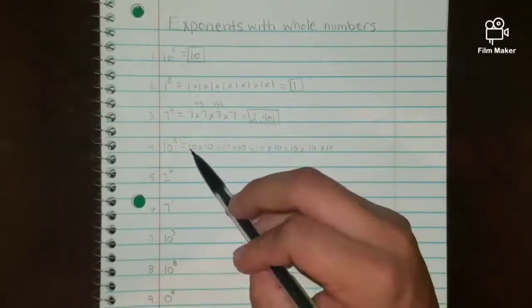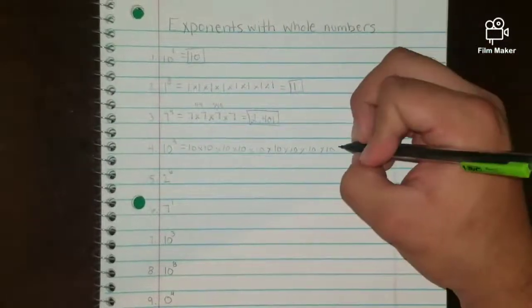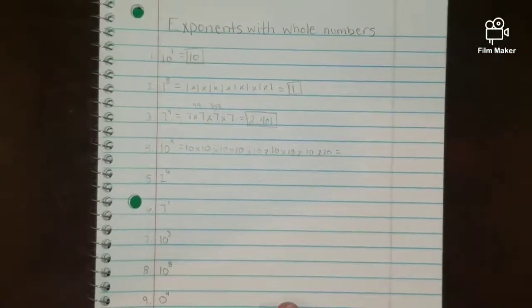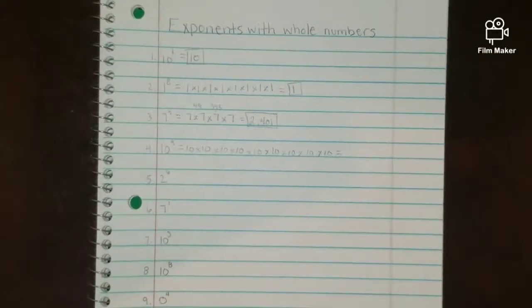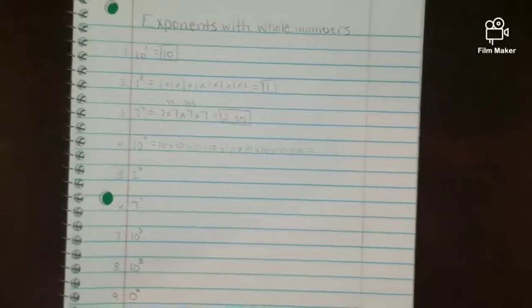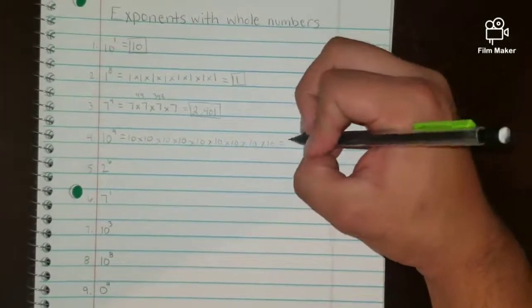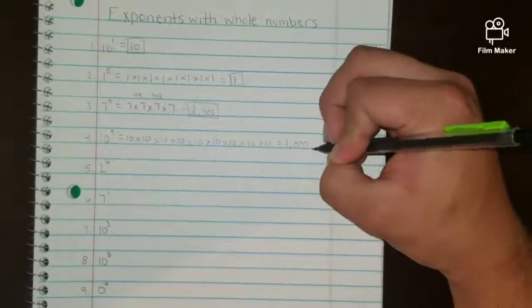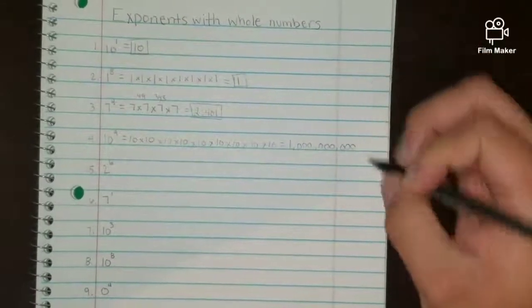That should be 9: 1, 2, 3, 4, 5, 6, 7, 8, 9. Okay, so a trick for the tens is to take however much the exponent is and just add that many zeros. So we have 9 zeros. So we write 1 with 9 zeros: 1, 2, 3, 4, 5, 6, 7, 8, 9.